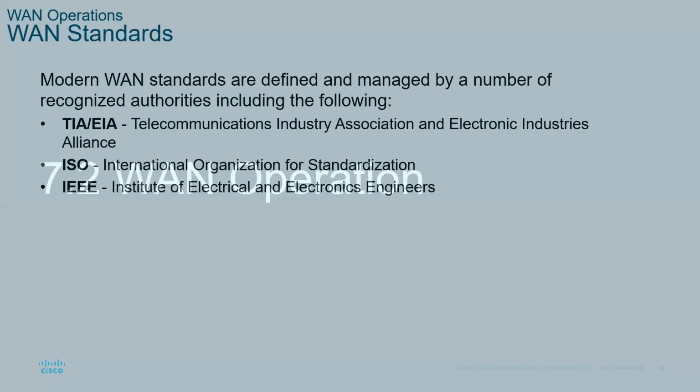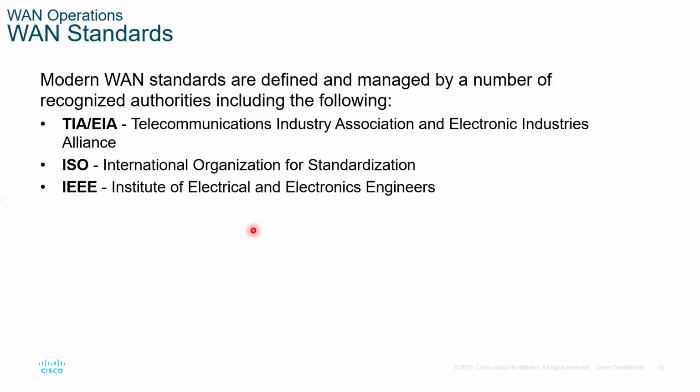Standards are defined and managed by a number of recognized authorities. I remember CCNA 1, I think module 3, had some of these organizations when we were doing the OSI models.